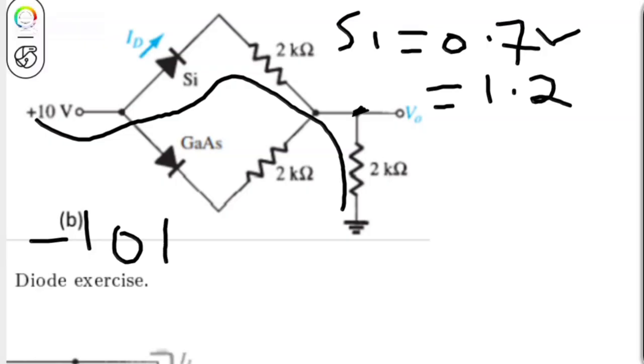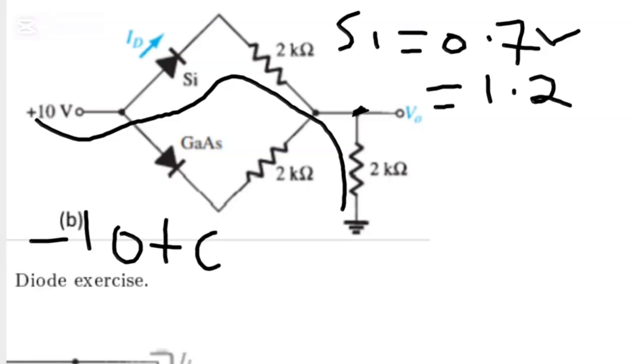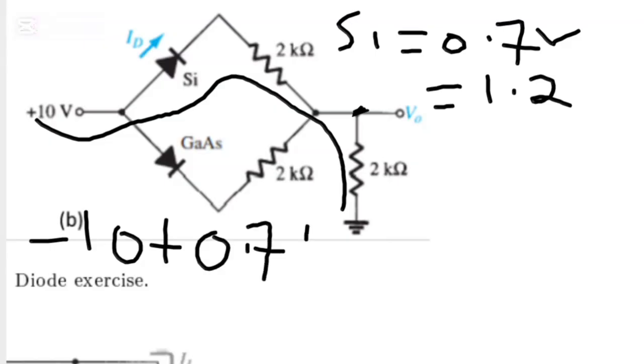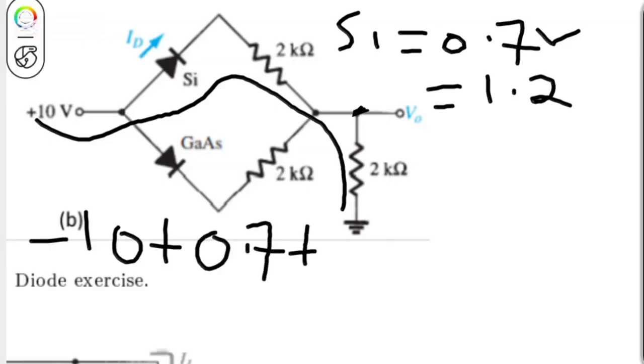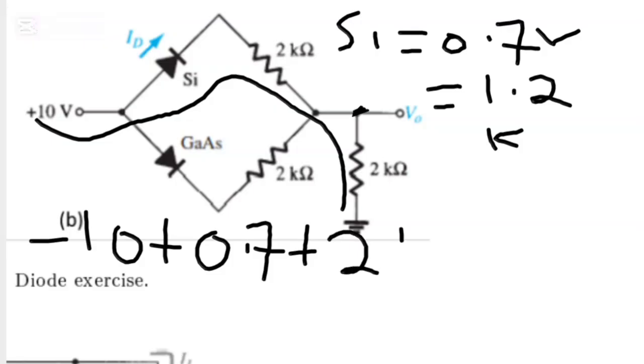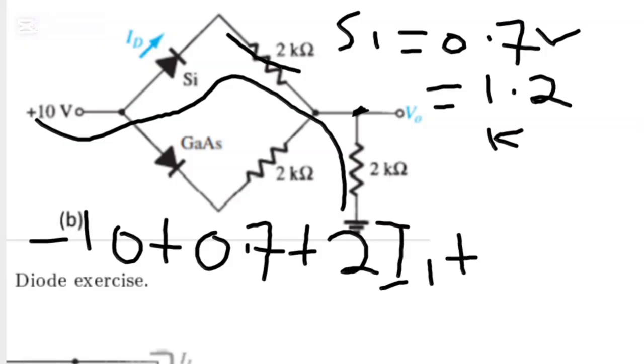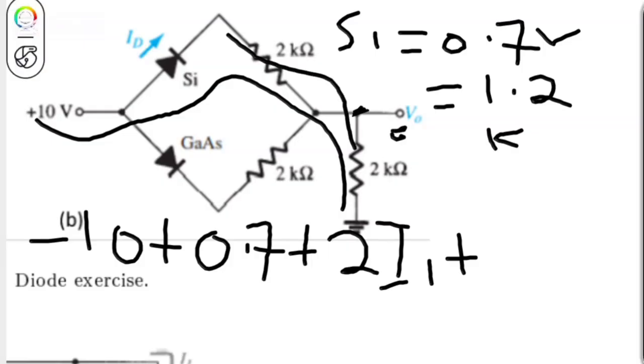So I have to say plus the value of the diode, which is 0.7, and I have to say plus the 2 kilo ohm. I have to put the kilo aside, but I will use it. So I have to say 2I1 because I'm dealing with the first upper loop. Plus, if I come down here, I will have 2 kilo ohm. But at this point I said I have I1 plus I2.